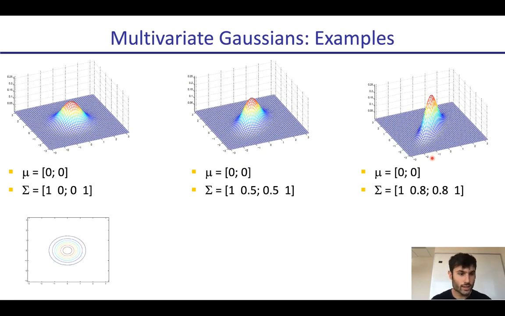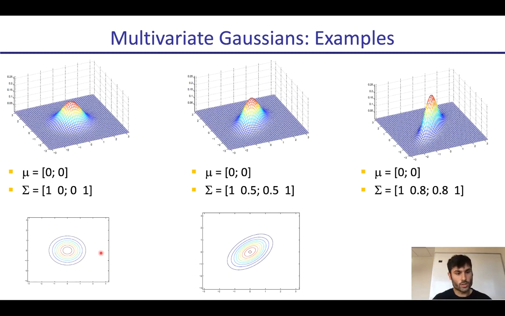We can see what I was referring to, like the ellipsoids and the different shapes. In the first one, we see that this is a perfect circle where there is no misalignment of the axes.